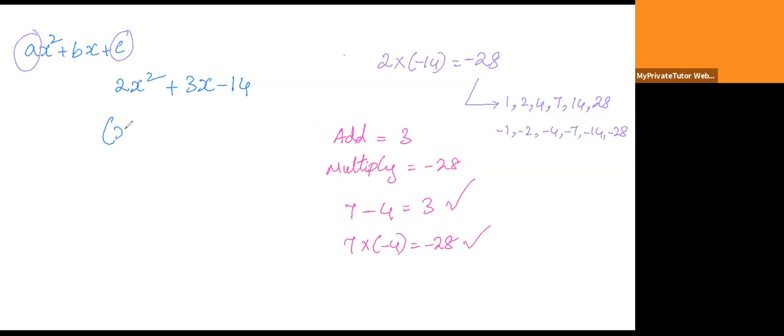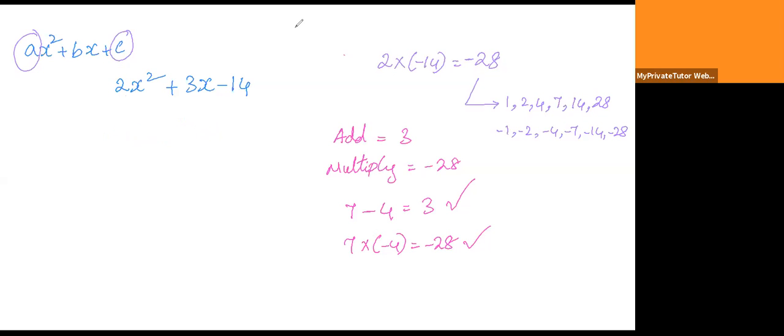We are not supposed to write the answer directly the way we did for the previous questions. The reason behind that is the A value was 1 in the previous questions, but here the A value is more than 1, which is 2.